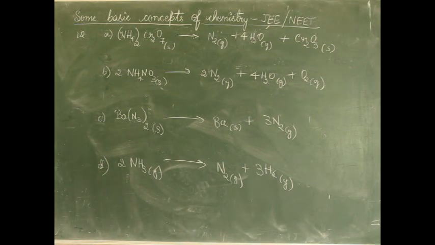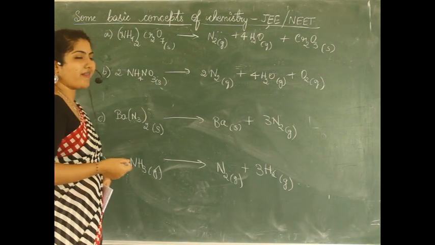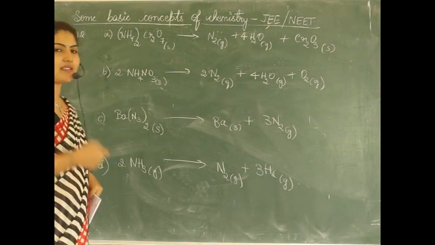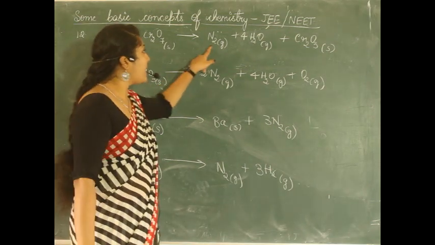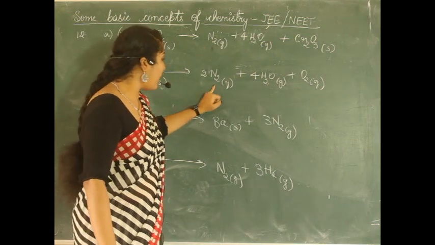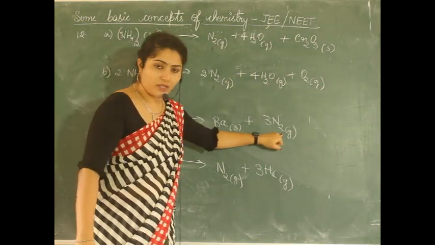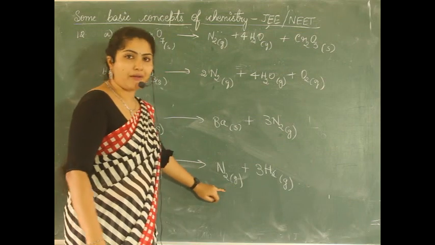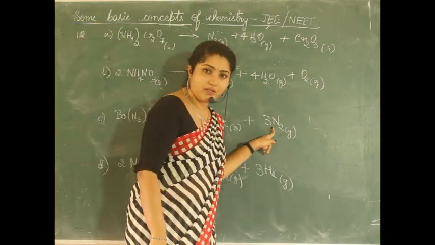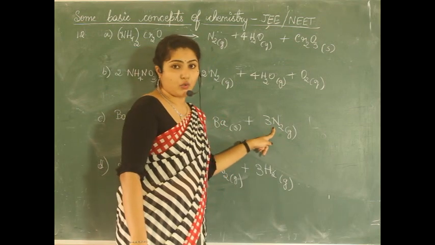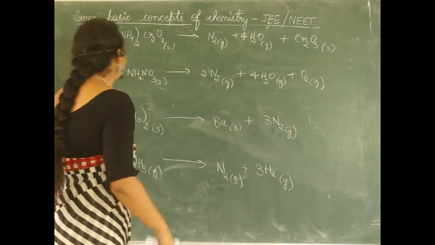So these are the options given. Now what we have to find is in which of these nitrogen is produced maximum. See here, in every reaction that is given, you can find nitrogen. So generally you may think that this may produce more nitrogen. We'll just check it out.